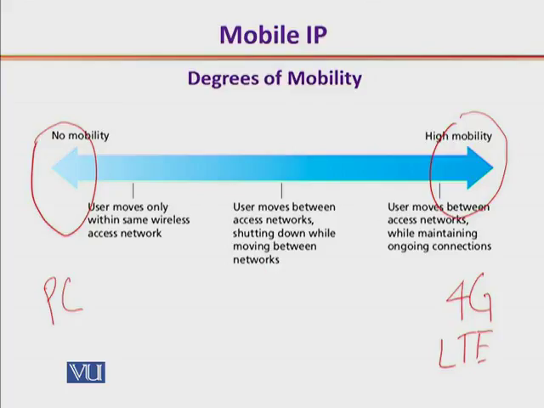So there could be a coverage void region in which you are leaving one network and accessing another, and during this, the communication has to come to a standstill. Then the user moves between access networks while maintaining ongoing connections. It means that the connections have to be kept on while the user is moving.